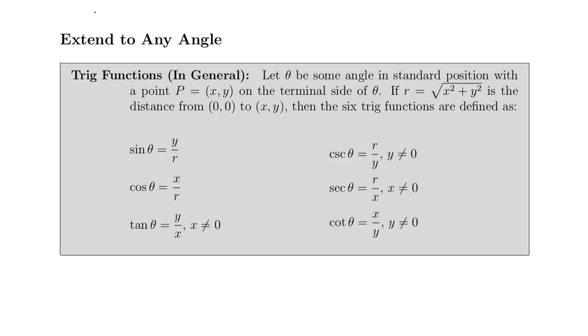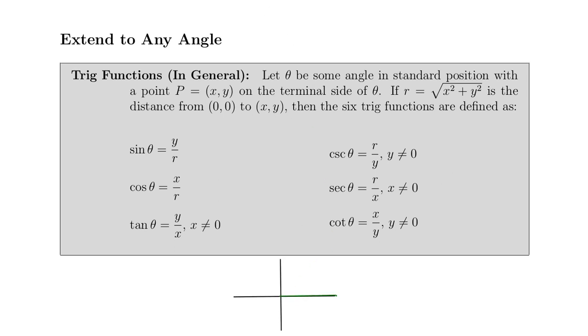So here's our general trig function stuff. You'll notice that we have some different kind of notation here. Let me just draw a quick set of axes so I can point out what's going on. I'm going to put my axes in black so I can see my angle a little bit easier.